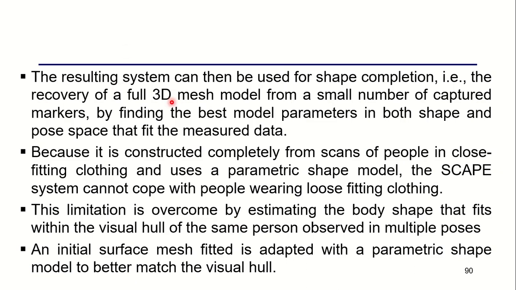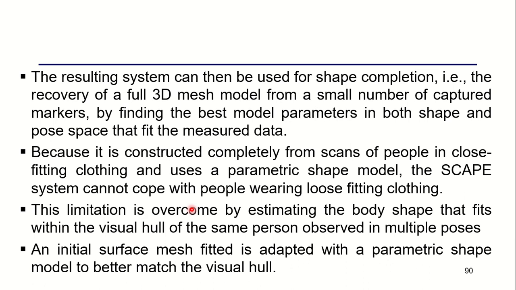The resulting system can then be used for shape completion, that is the recovery of a full 3D mesh model from a small number of captured markers by finding the best model parameters in both shape and pose space that fit the measured data. Because it is constructed completely from the scans of people in close-fitting clothing and uses a parametric shape model, the SCAPE system cannot cope with people who are wearing loose-fitting clothing.